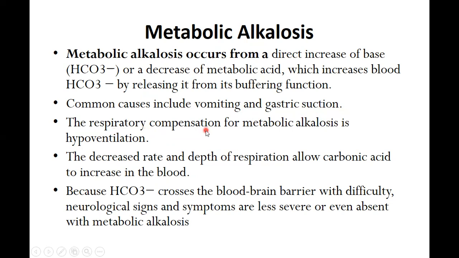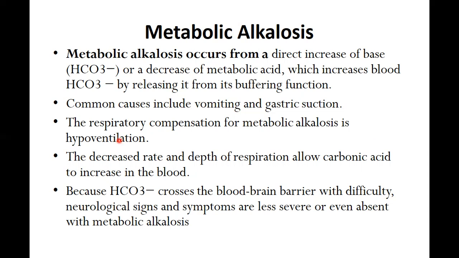The respiratory compensation for metabolic alkalosis is hypoventilation. Remember that we said the respiratory compensation for metabolic acidosis is hyperventilation. So if a patient has metabolic acidosis, this is where we want to give the patient 100% oxygen in order to increase oxygen supply.